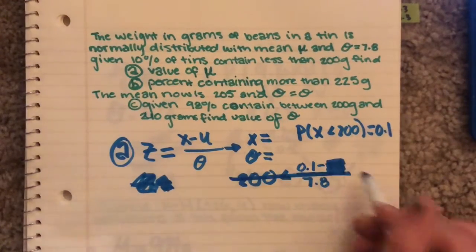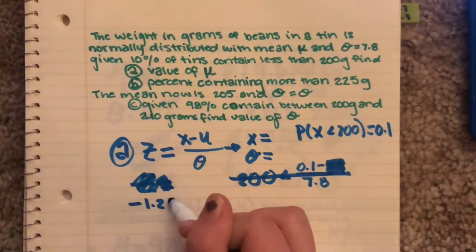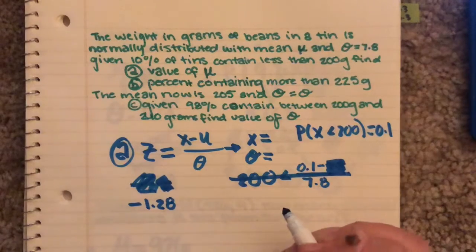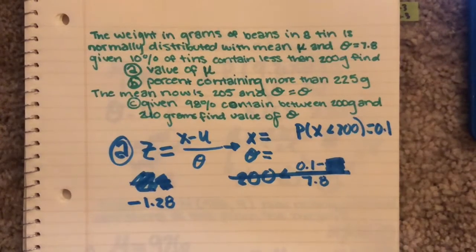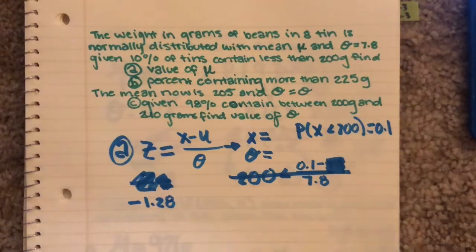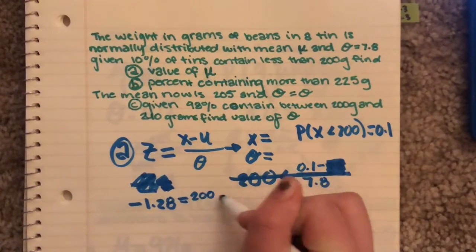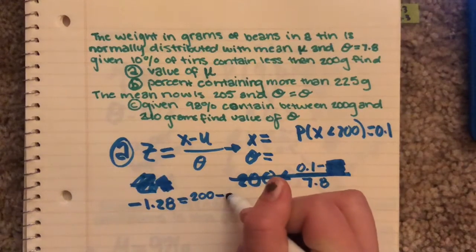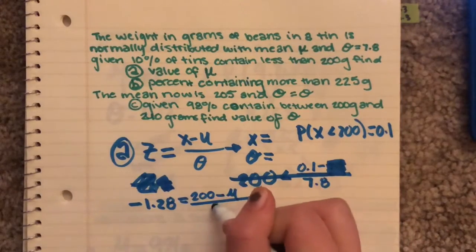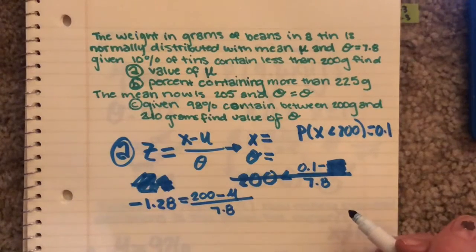Down here, we're going to write that negative 1.28 is equal to 200, because that's our x now, because we did the inverse, minus our mean, which we're looking for, over our standard deviation, which we found out was 7.8. Now you can solve this like a normal math equation.